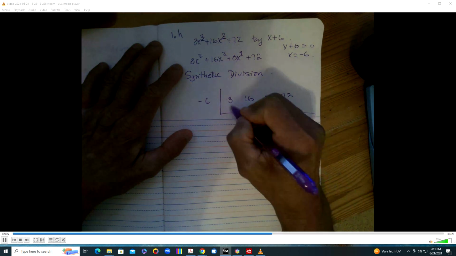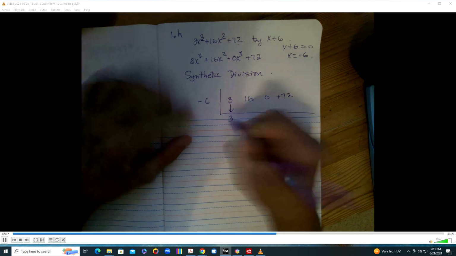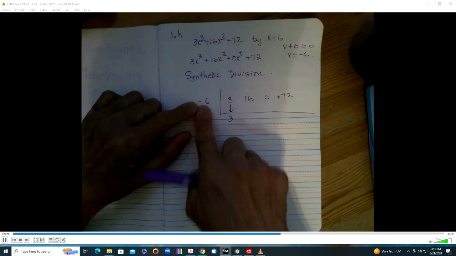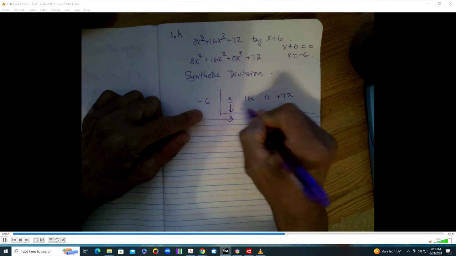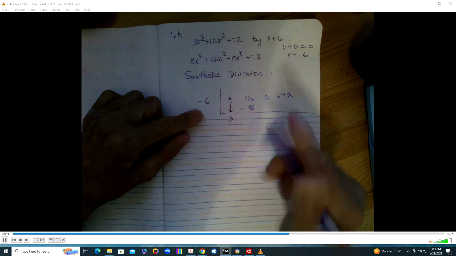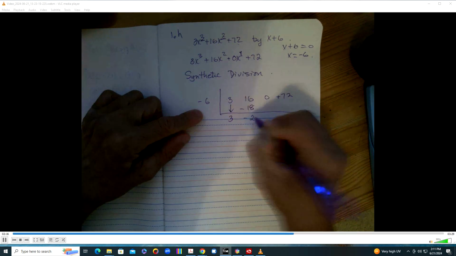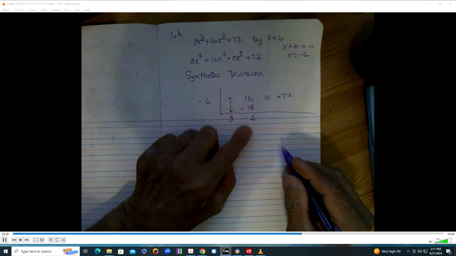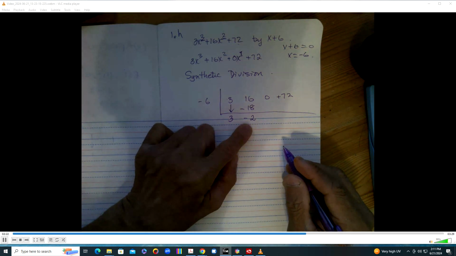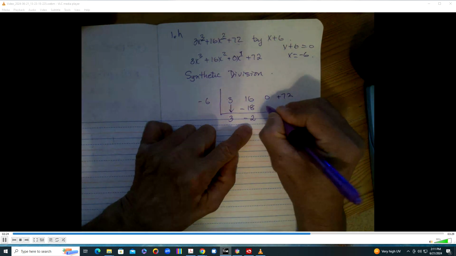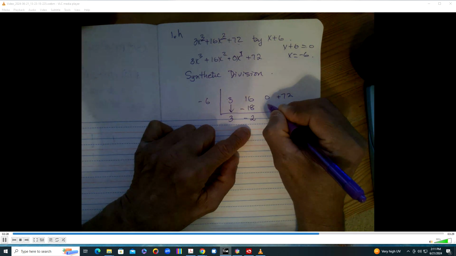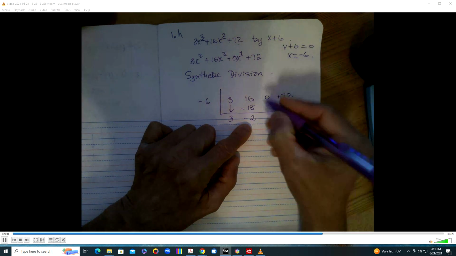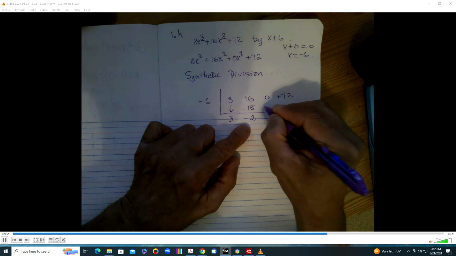The first thing is we're going to bring the 3 down. So negative 6 times 3 is negative 18. And we add them together, we got negative 2. And then negative 6 times negative 2 is going to be positive 12.